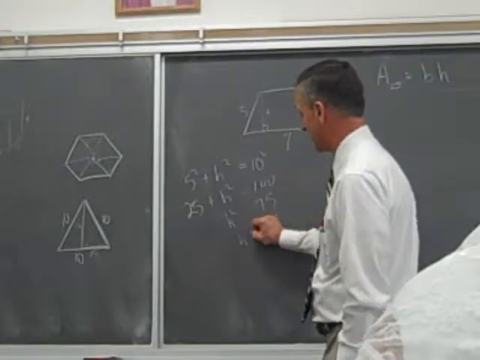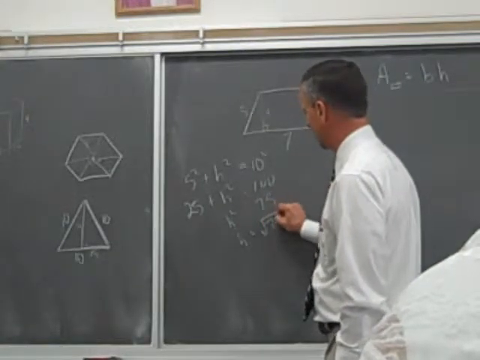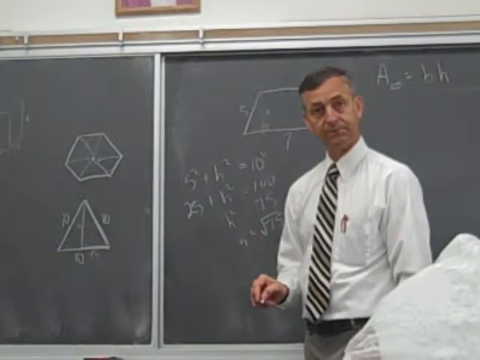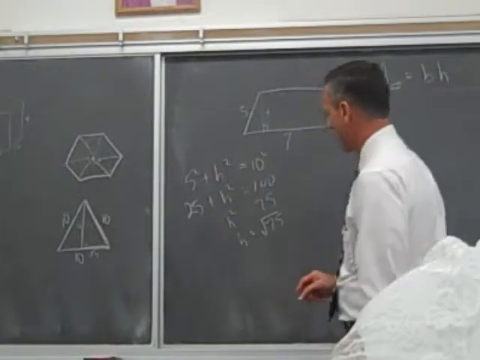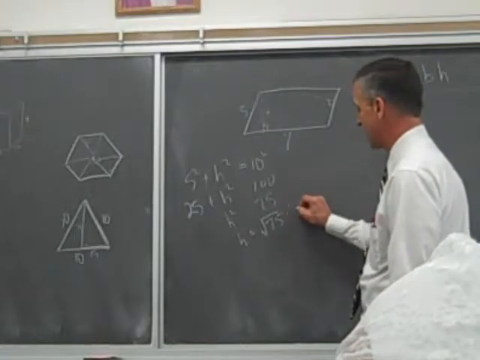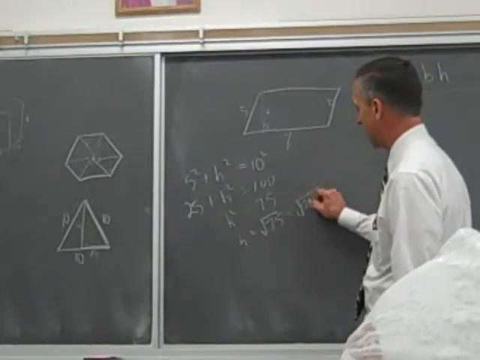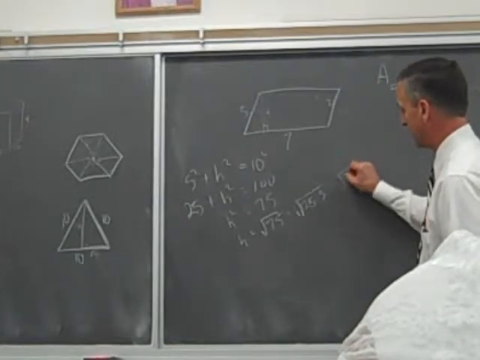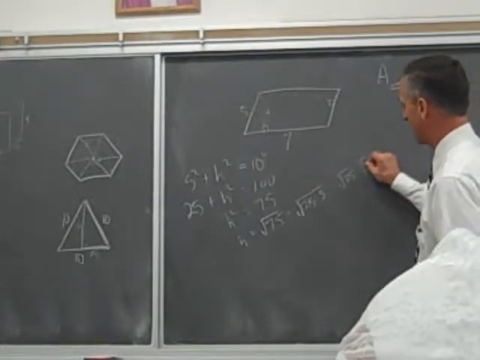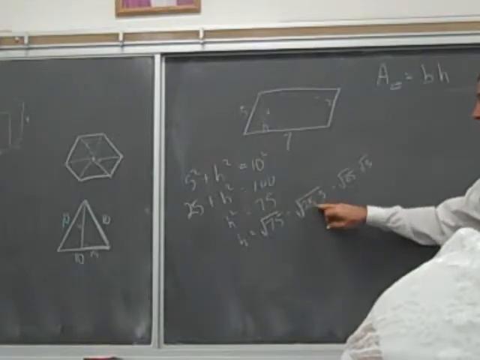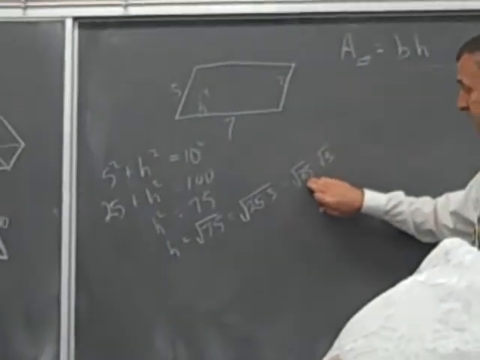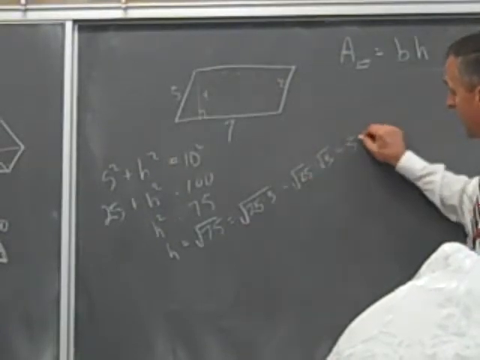So h is the square root of 75, which, since 75 is really 25 times 3, is radical 25 times radical 3, because the radical of a product is always equal to the product of their radicals. So that's 5 times radical 3.